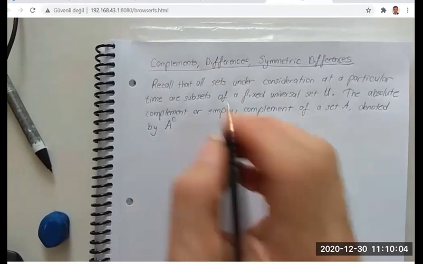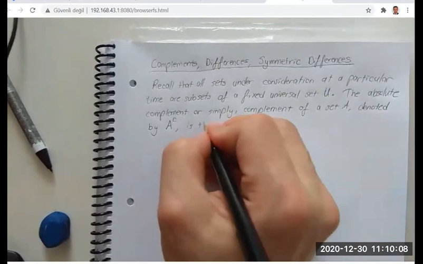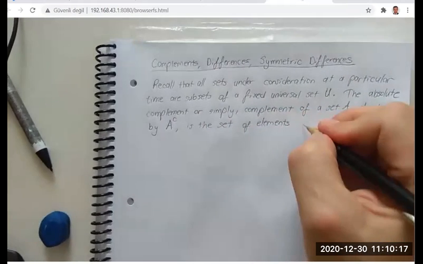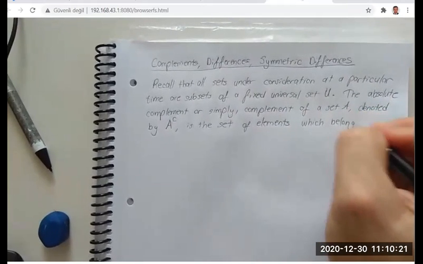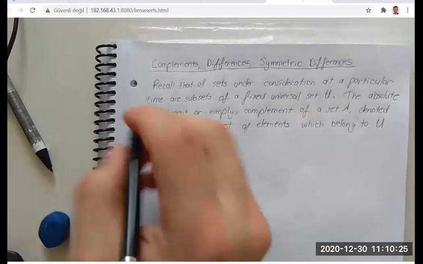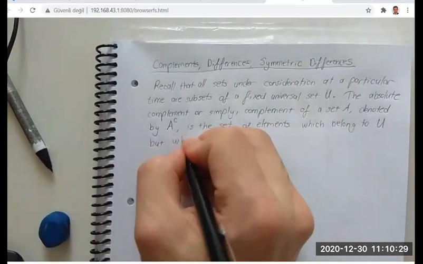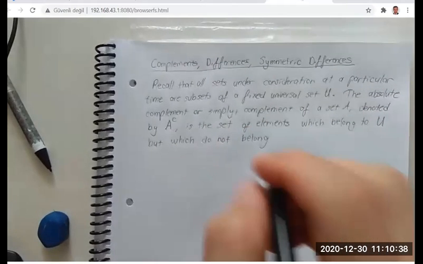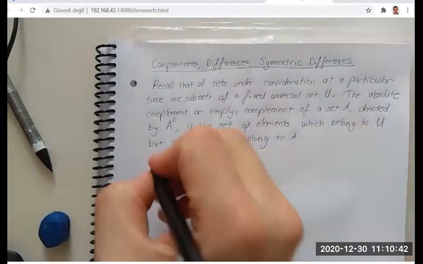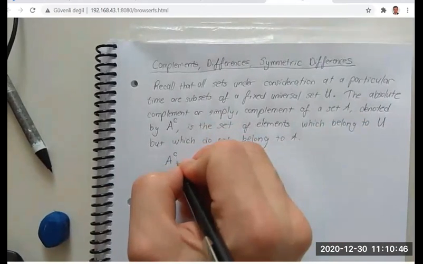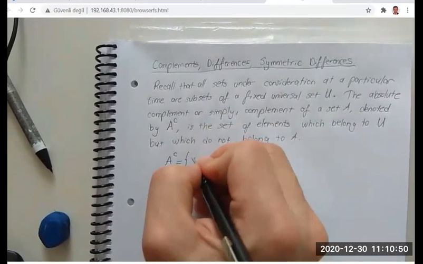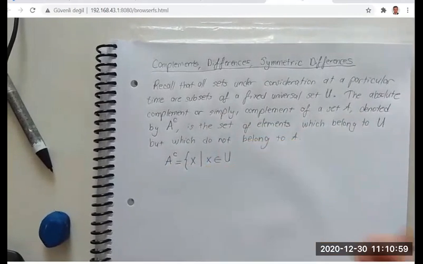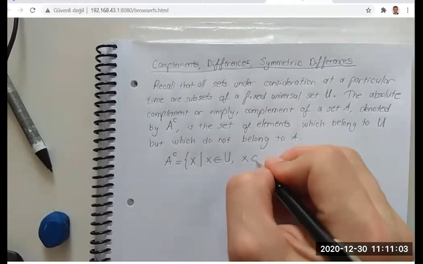This is the complement of A. It is the set of elements which belong to U but which do not belong to A. So we can say, for the complement of A, there is an X: X is a member of set U but not a member of set A.